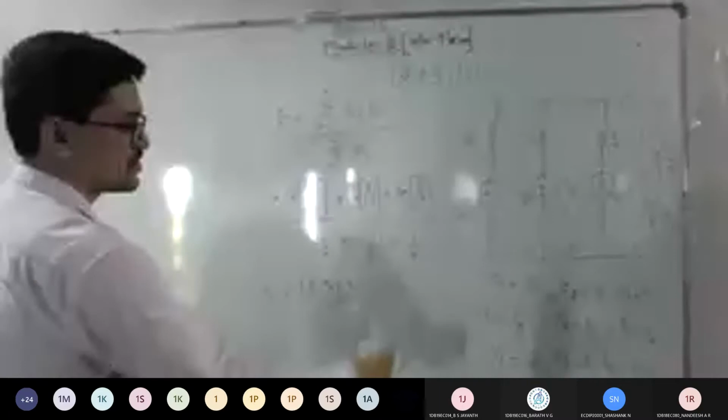Correct. So after this, what should I find? Similarly, I should find the impedance. What is the formula to find the impedance? It says 1 by Ym. So you can add all these and take the reciprocal, and tell me what is the answer.